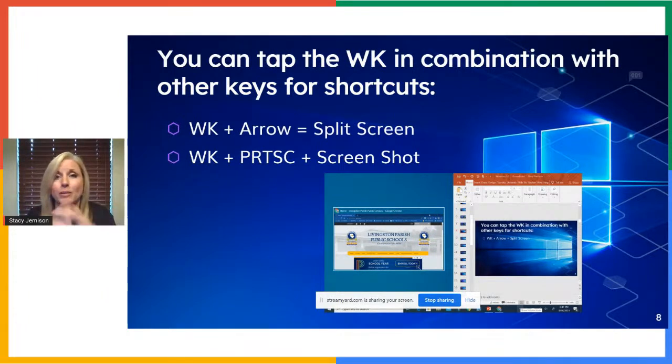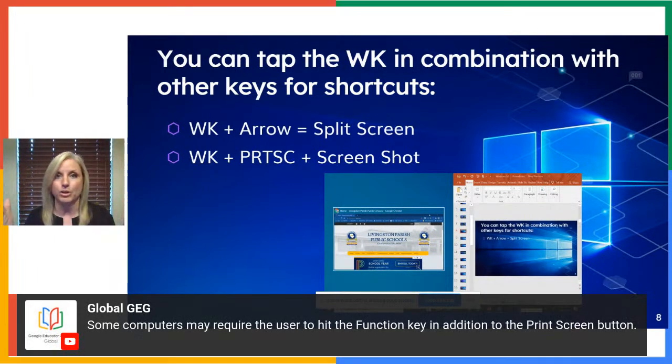Or there are some times when you might not want to save the whole file or save it to your computer. And so if you click the Windows key and there's another key at the very top of your keyboard that has PRTSC, print screen, if you click those two buttons at the same time, it literally takes a snapshot of your entire computer screen.